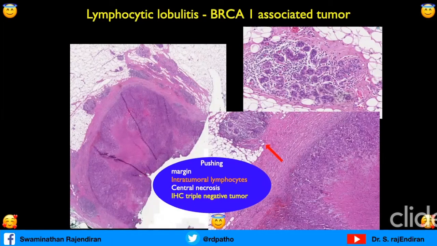And why do you have to know that? Number one, they are associated with BRCA1. And number two, because of the intratumoral lymphocytes, and this is another concept you have to remember. Whenever there is an increased number of lymphocytes within the tumor, they will respond to anti-PD-1 and PD-L1. We pathologists play a major role in deciding which patient will respond to targeted therapy.